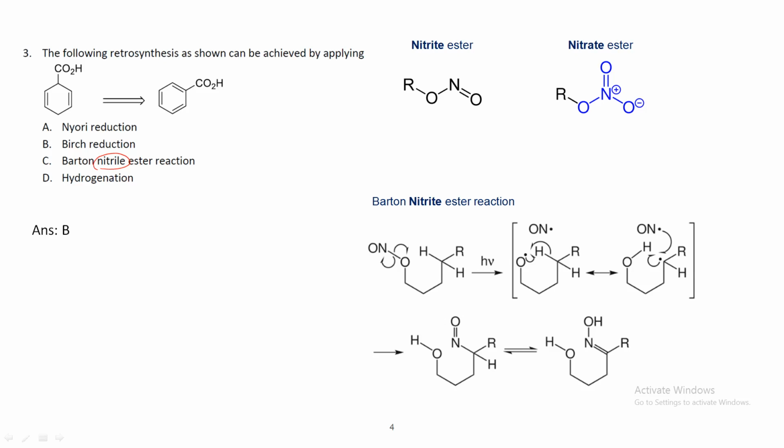It is the Barton nitrite ester reaction. You all know nitrite esters are this kind of moieties, and nitrates are this kind of moieties. So it is not nitrile, it is nitrite. I hope this is clear now. This is just a typo I have addressed.